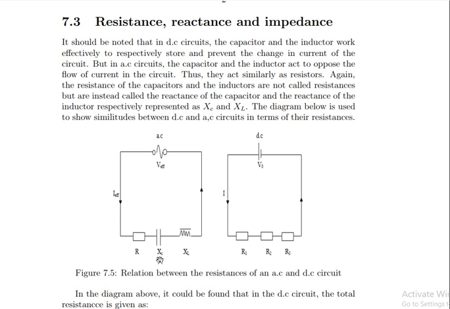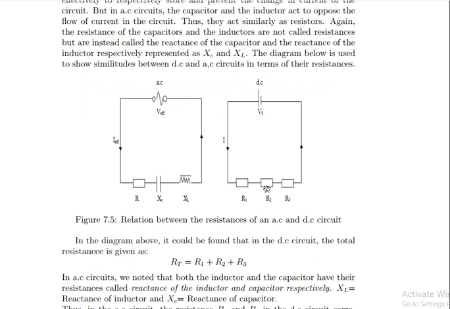So both the capacitor and the inductor resist the current flow inside the AC circuit. So you see that all these are actually going to be resistors inside the AC circuit, and this is comparable to DC. So let's compare this DC. In this DC, you see that you are going to have R1, R2, and R3.